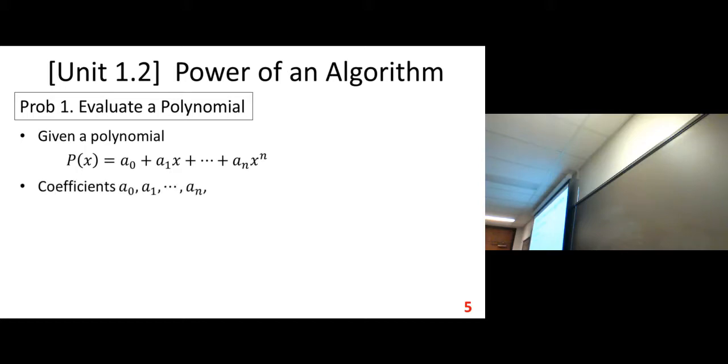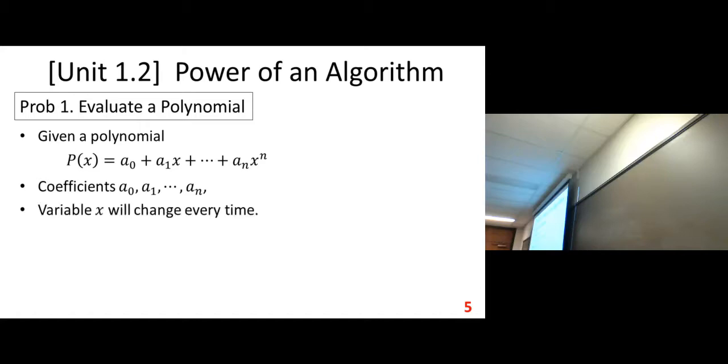All right. Now let's look at the details. Here, the coefficients are given, that means when you write a program, you can assume the coefficients are available. Although in real-world applications we can pass coefficients as parameters, you can assume they are given.